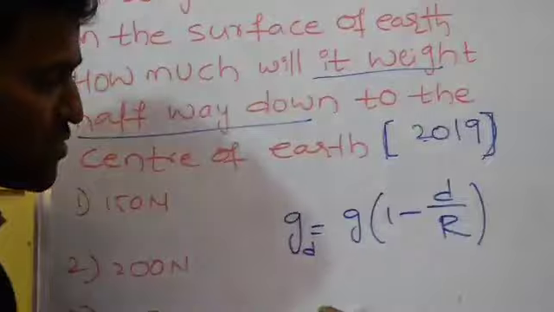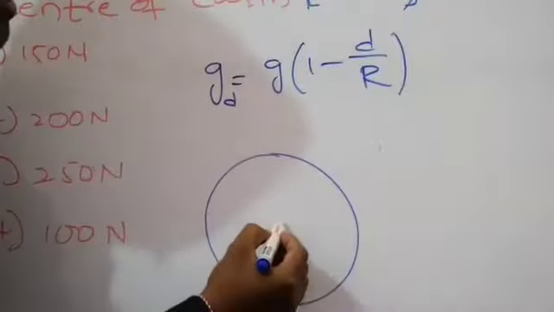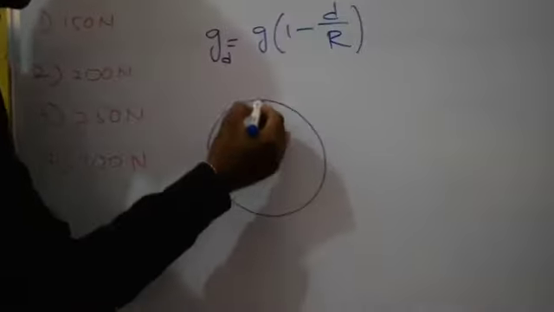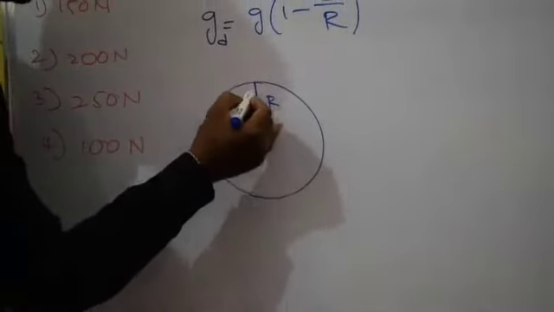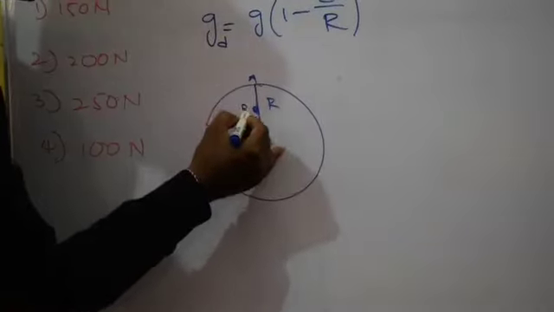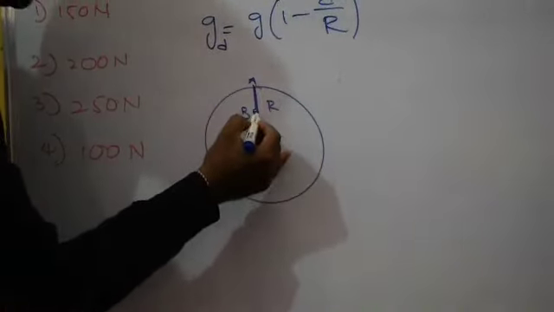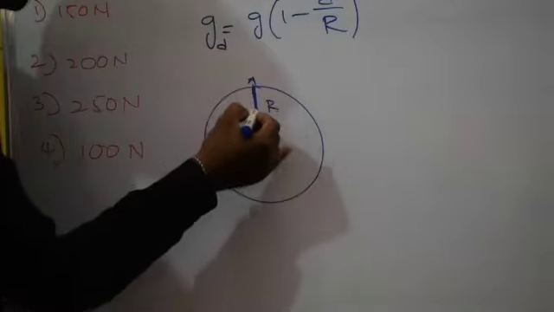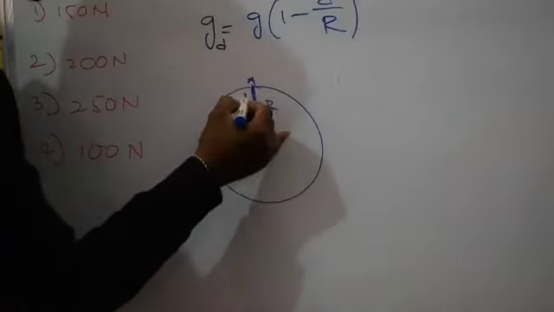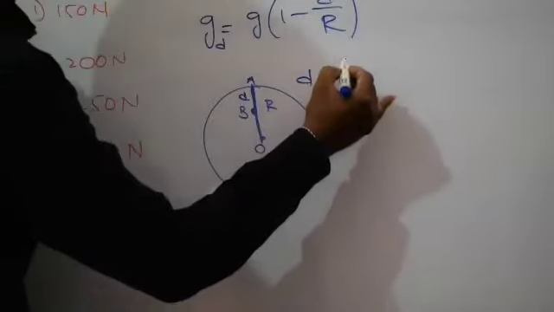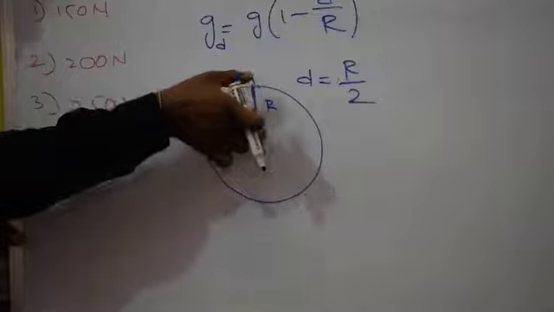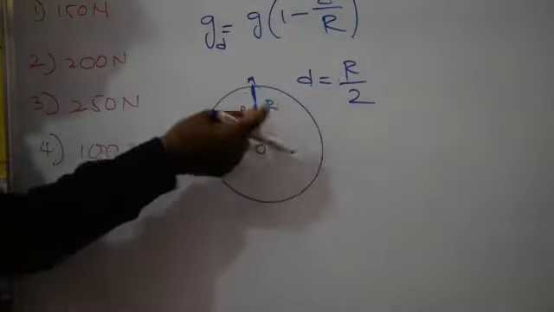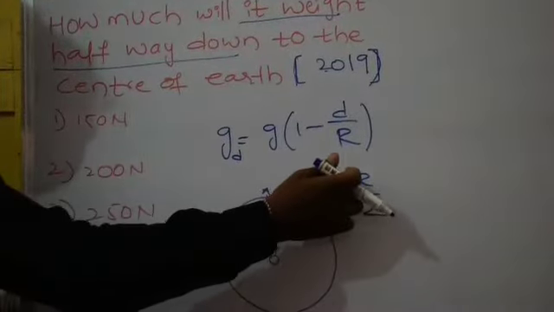Halfway down means, for your understanding, this is the earth, center of the earth O, radius of the earth R. Halfway down means he travels from A to B, which is half of the distance. Total distance OA is R. AB distance is d. This d is the halfway down, so d is equal to R by 2.